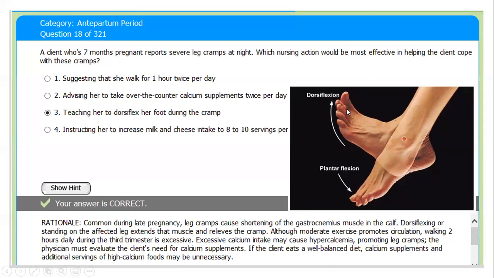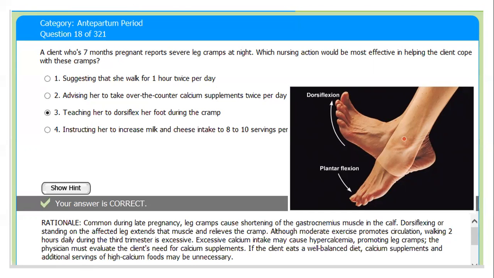So you can see this is dorsiflexion, and the opposite is called plantar flexion. So we educate the patient: if the patient complains of cramping in the leg at night, do the dorsiflex foot.